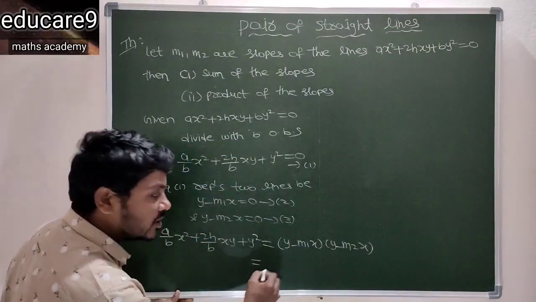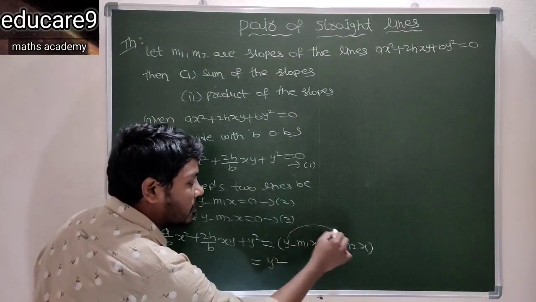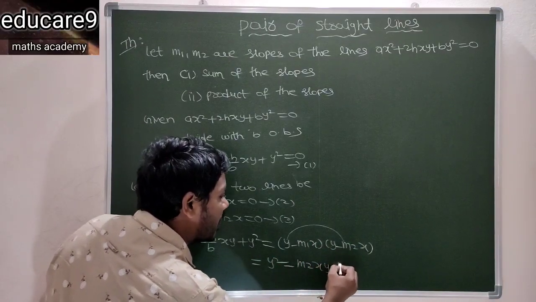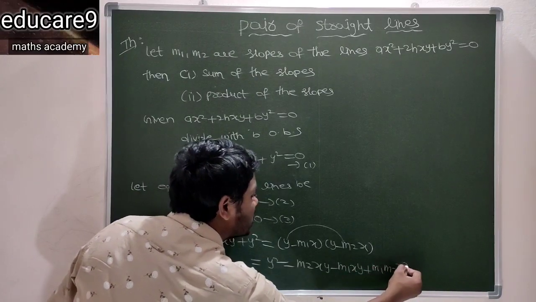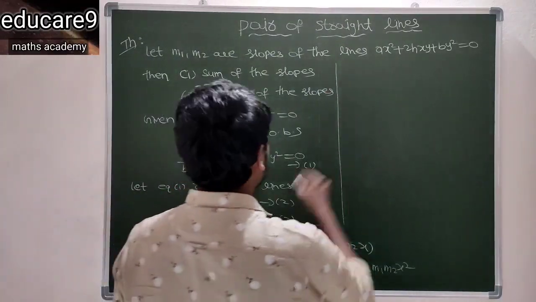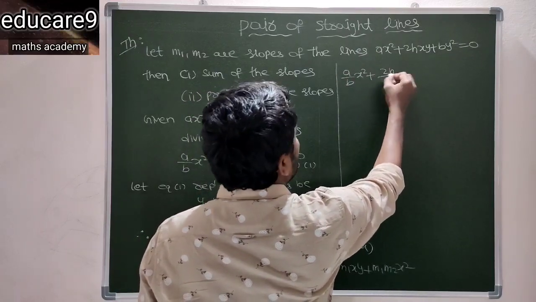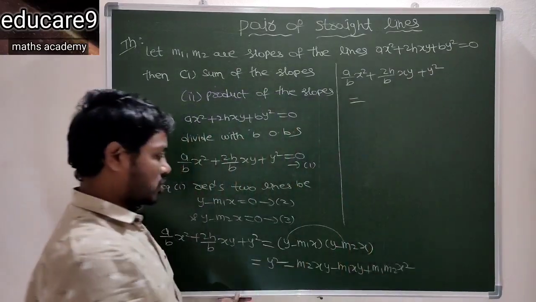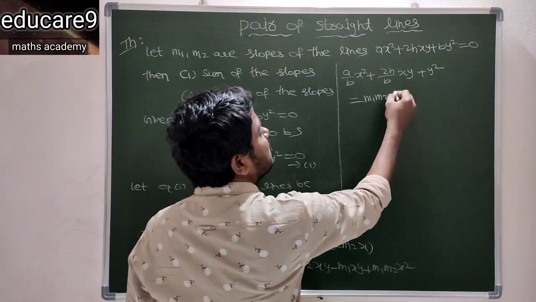So simplify the right side. What you get? y into y, y square. Next this one, minus m2 xy minus m1 xy plus m1 m2 x square. So this can be written as a by b x square plus 2h by b xy plus y square is equal to, first write m1 m2 x square.